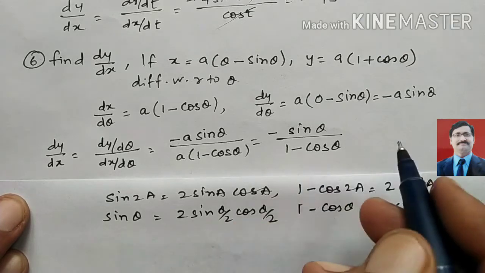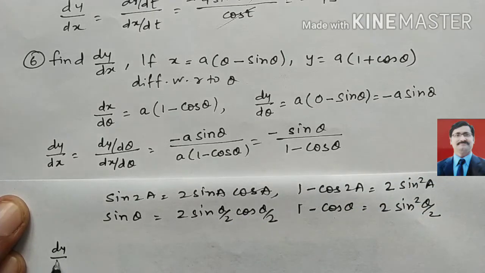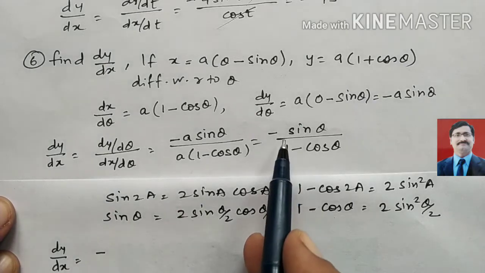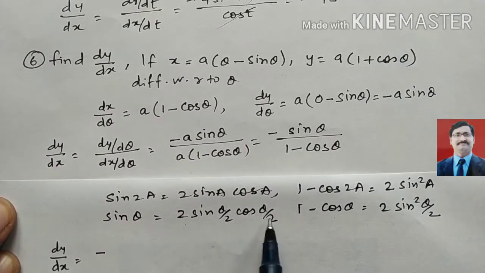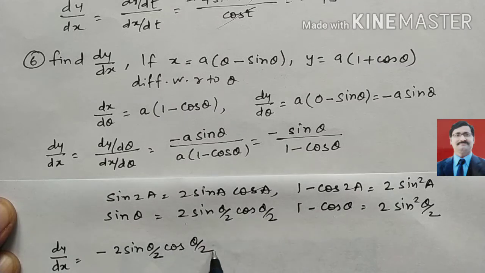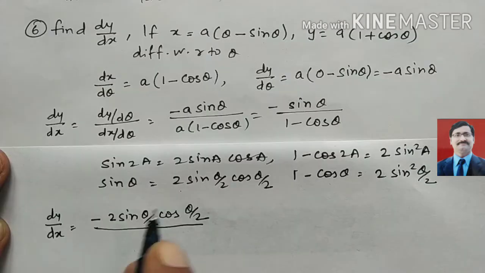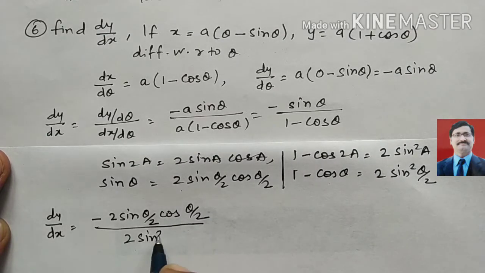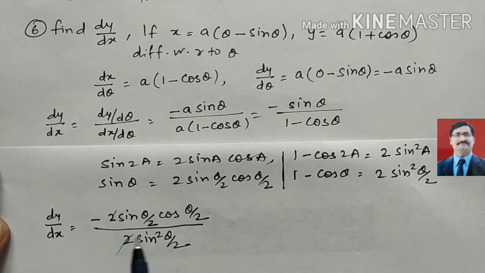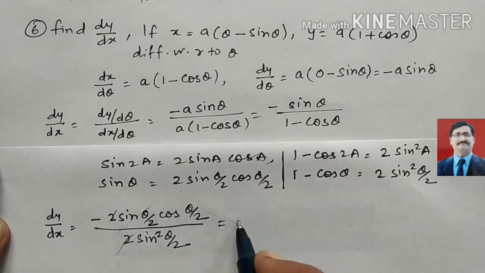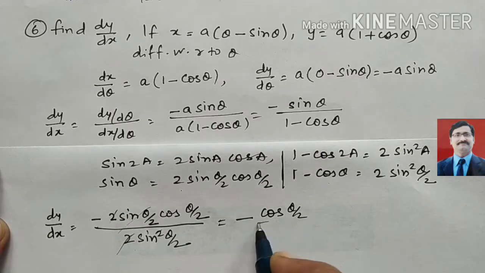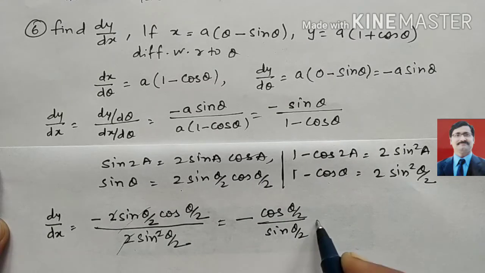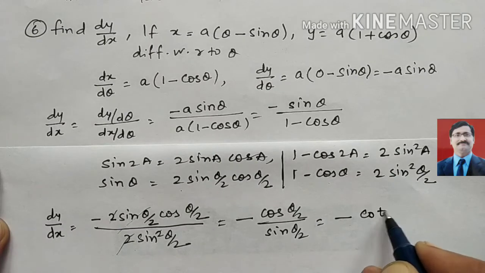Putting these values here, we get dy by dx equal to minus 2 sin theta by 2 cos theta by 2 upon 2 sin square theta by 2. The 2 cancels, one sin cancels, and you get minus cos theta by 2 upon sin theta by 2, which you can write as minus cot theta by 2.